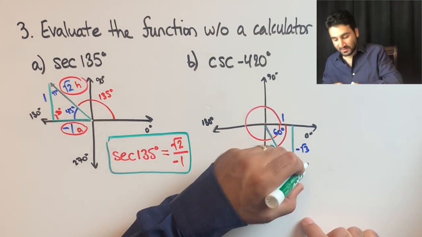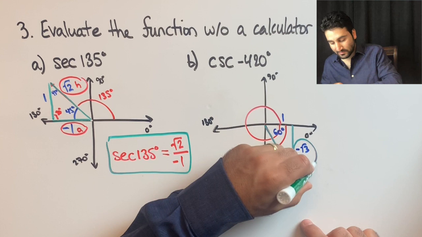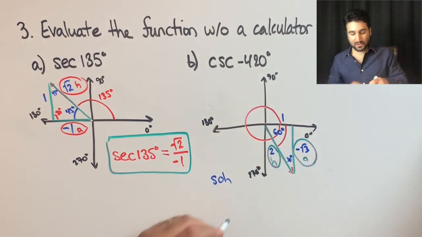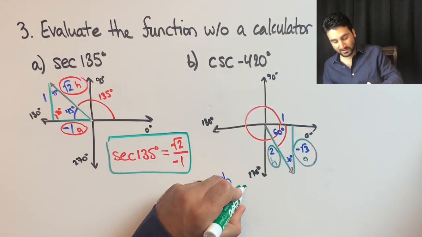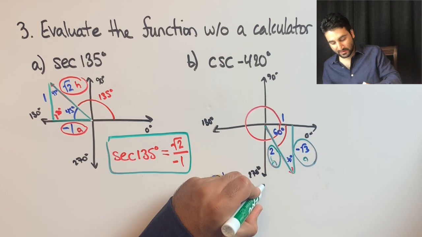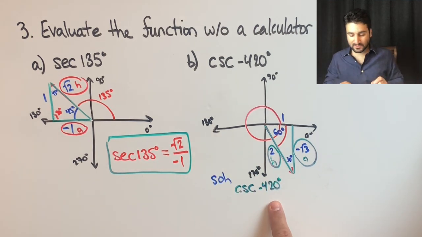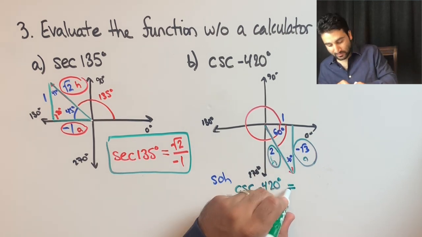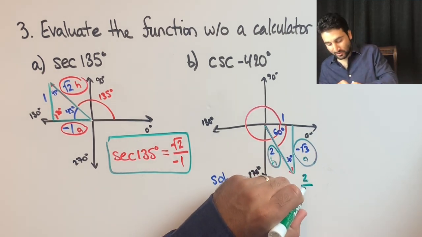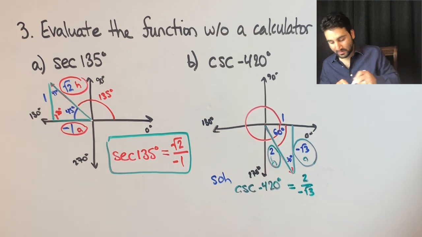Let's write that out. Cosecant of negative 420 degrees is equal to 2 over negative root 3.